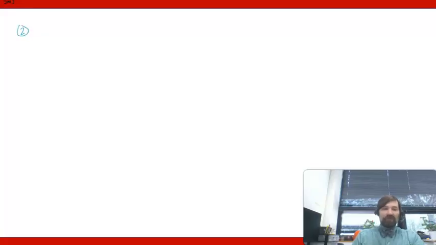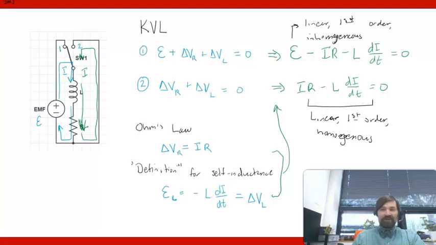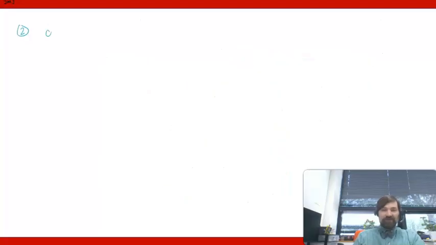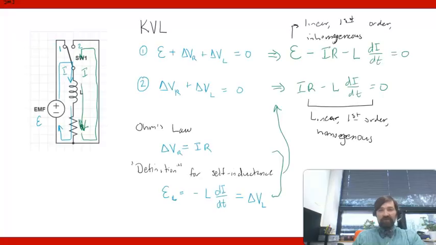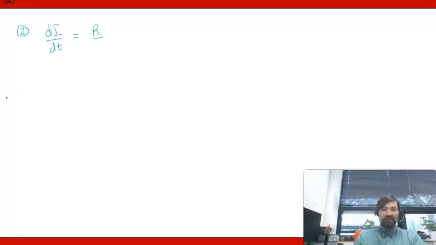That one, if I rearrange the equation a bit so that I've isolated the differential part, I have di/dt is equal to, and then basically just rearrange everything else. So I have IR over L, or in other words, R over L times I. And so I'm basically looking for an equation I of t such that its derivative gives me back the negative of the equation.